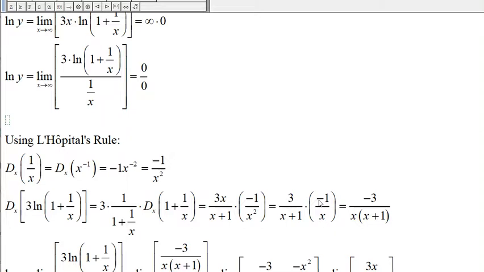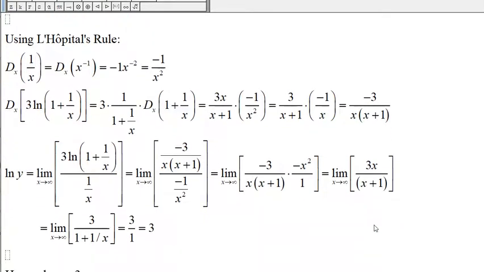So here we get 3 times negative 1, which is negative 3, and then down here we get x times x plus 1. And so the limit of this now becomes the limit of this right here, because the derivative of this is negative 3 over x times x plus 1. And derivative of 1 over x is negative 1 over x squared.